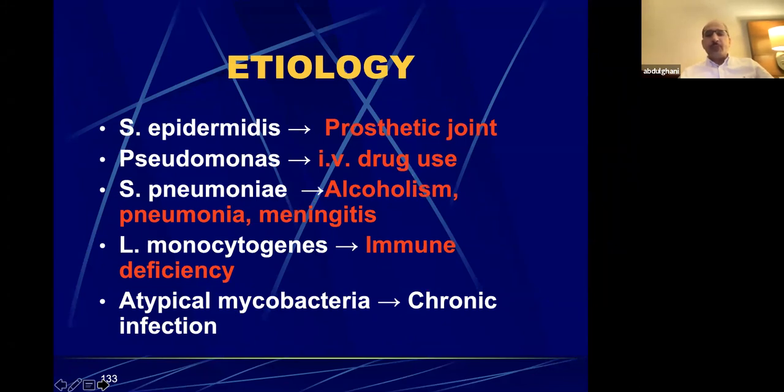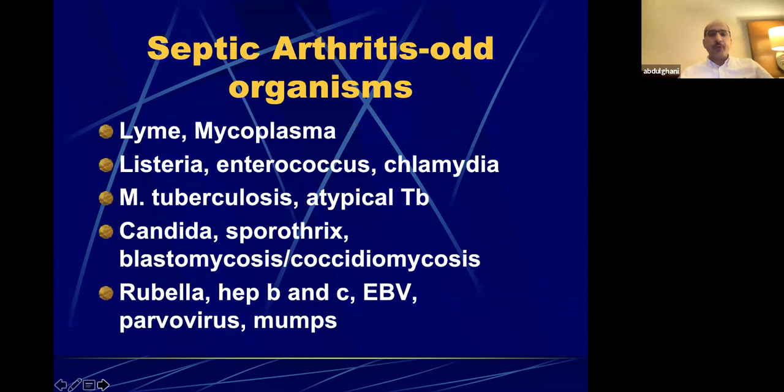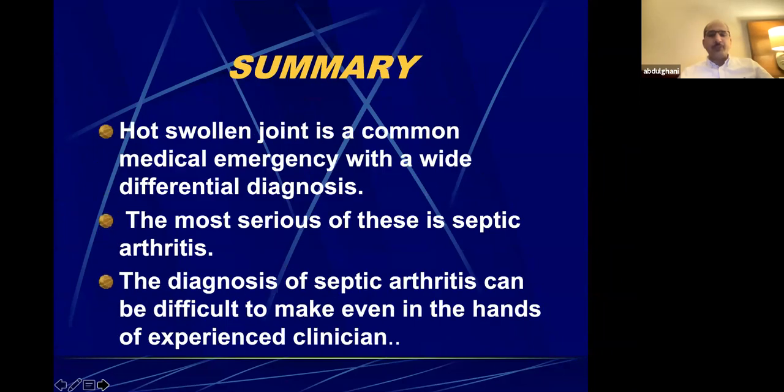Pneumonia. Listeria is more common in immune deficiency, and atypical mycobacteria are more common in chronic infection. There can be rarely infection because of odd organisms like Lyme disease, listeria, mycobacteria, tuberculosis, candida, rubella, any viral or fungal infection.